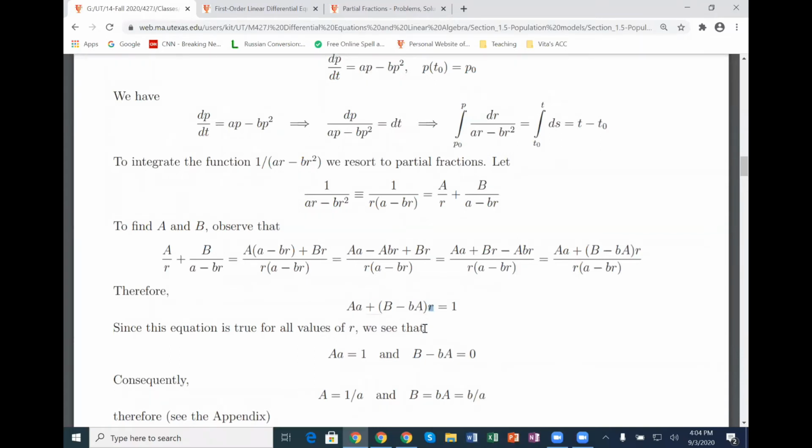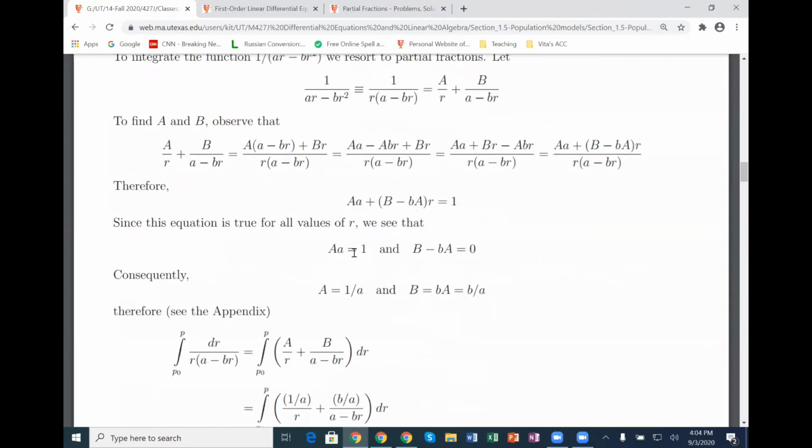So, if we find capital A and capital B such that this is 1 and this is 0, the problem is solved. And now, here's what we do next.